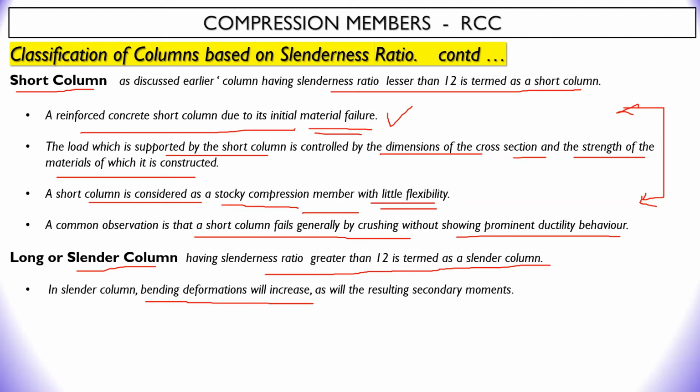When load is applied, there will be some deformation due to bending, and these deformations are termed buckling of the column. They apply some additional or secondary moments, due to which more bending stresses will act. Now, it may reduce the actual load capacity of the column.